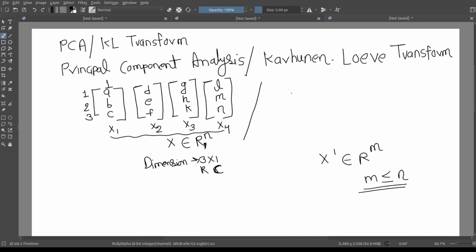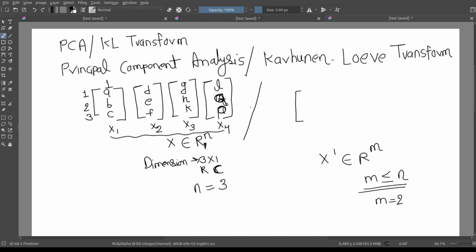Now this x prime can be something like this. Let's say I am considering n equals 3 and m equals 2. Let's call these P and Q, because Mn is confusing and is related to dimension.